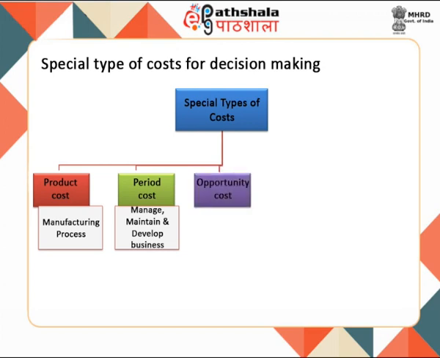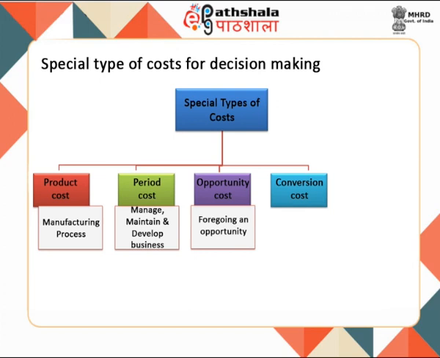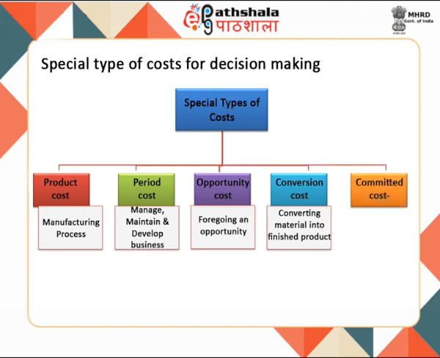This is the cost for foregoing an opportunity. 4, conversion cost. These are the costs of converting material into finished product. 5, committed cost. These are costs with respect to rent, rates, insurance, etc.